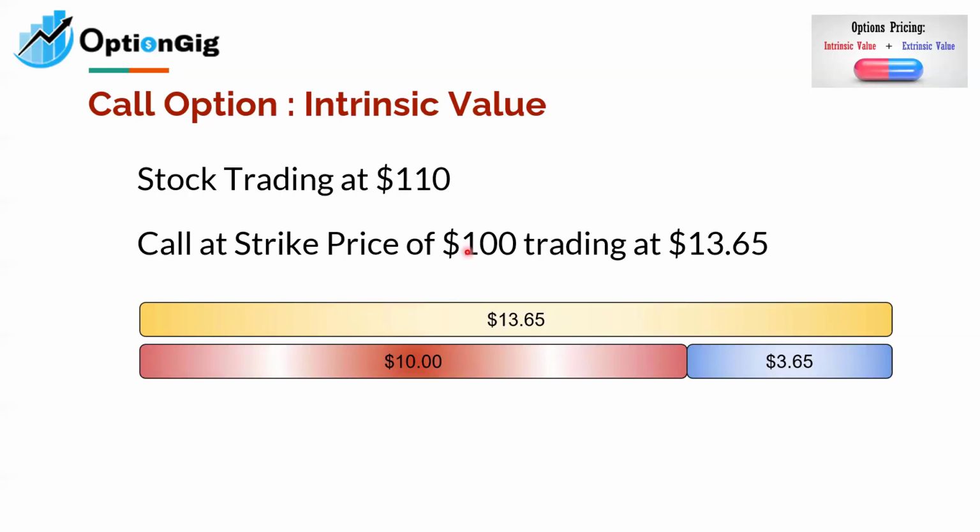So that call option is making $10 for you. That is why the intrinsic value is $10. Everything else remaining is your extrinsic value. Now, let me know if this concept is clear, or if it is not clear, I can explain again. But this is an important concept to understand: intrinsic and extrinsic.